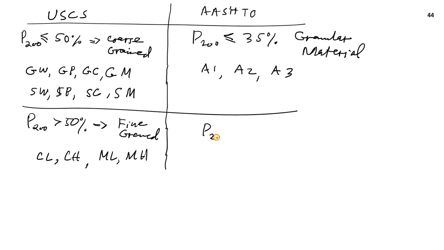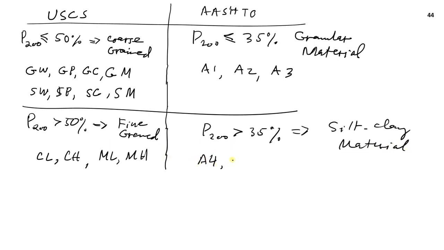If passing number 200 is more than 35%, this is called silt clay material, or silty clay material, and here we have A4, A5, A6, A7 and A8.